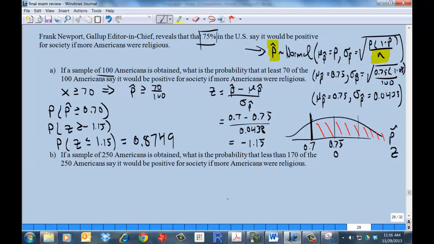Okay, so let's take a look at the next part, part B. If a sample of 250 Americans is obtained, what is the probability that less than 170 of the 250 Americans say it would be positive for society if more Americans were religious? I'm going to go to a new page to give us a little more room.